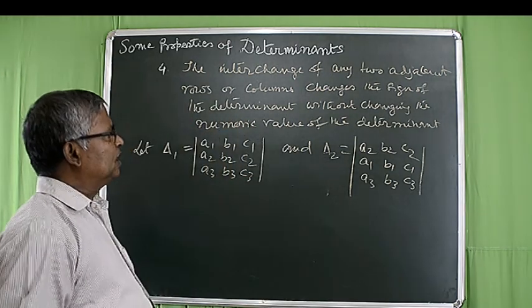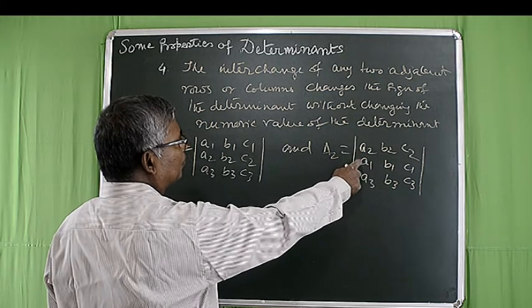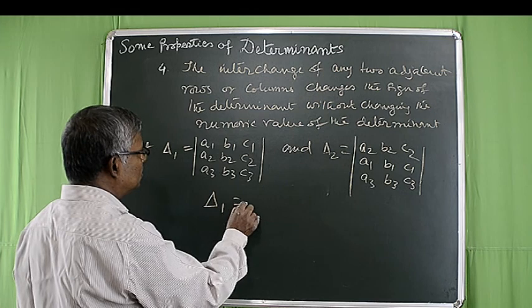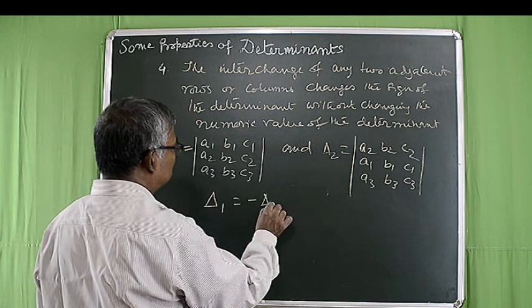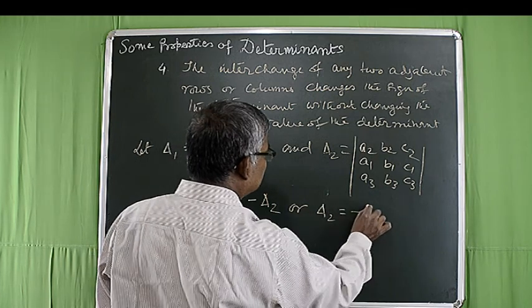Students, here we interchanged row 1 and row 2. So we get del 1 equal to minus del 2 or del 2 equal to minus del 1.